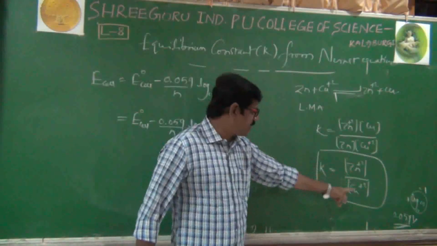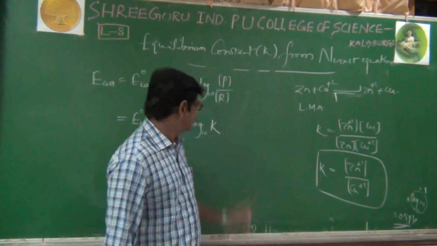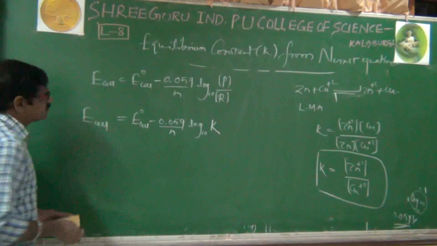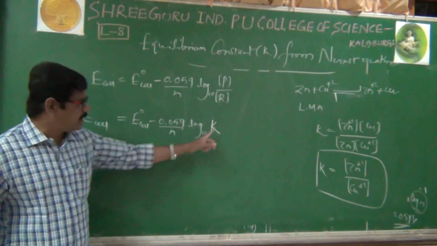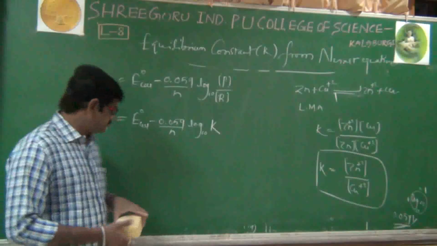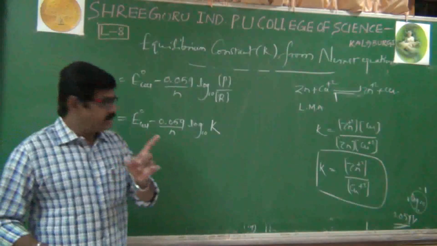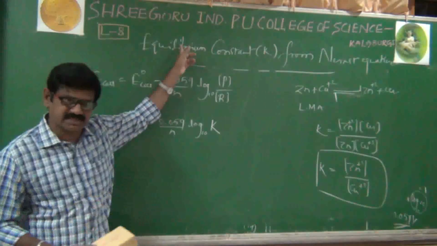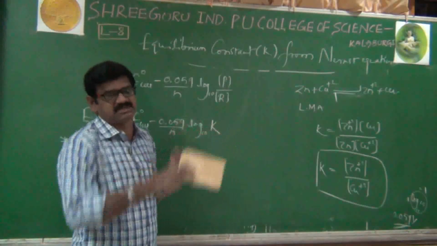Therefore, product by reactant we can take as K. Therefore, E cell is equal to E naught cell minus 0.059 by n log base 10 K. Now here one more very important point: remember at the equilibrium stage, just now we have discussed that both concentrations remain constant.